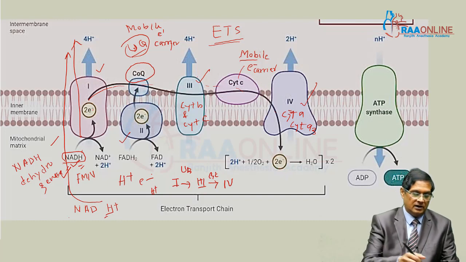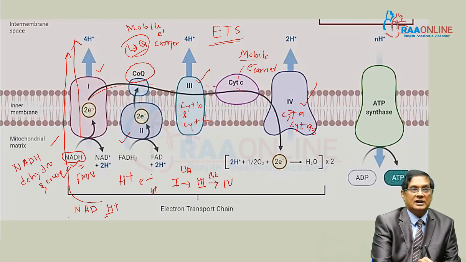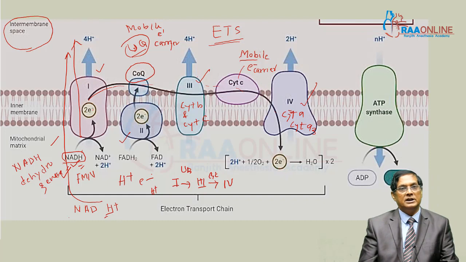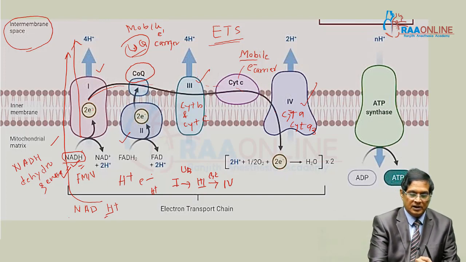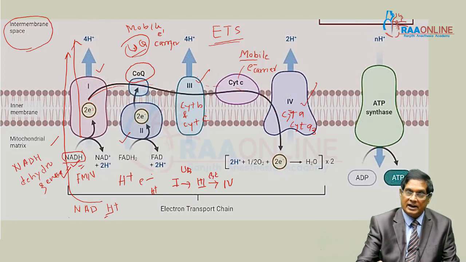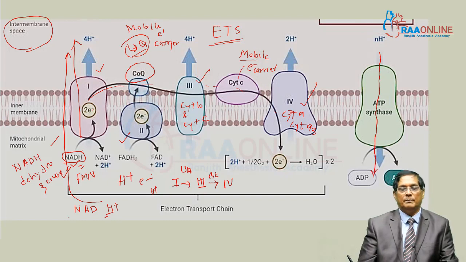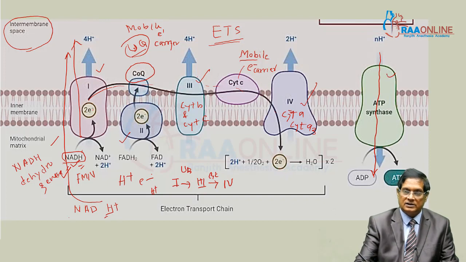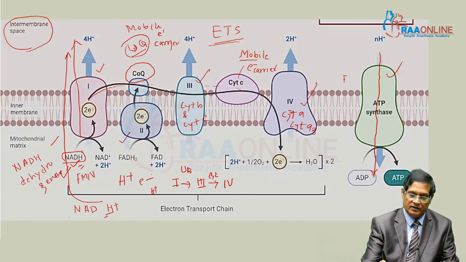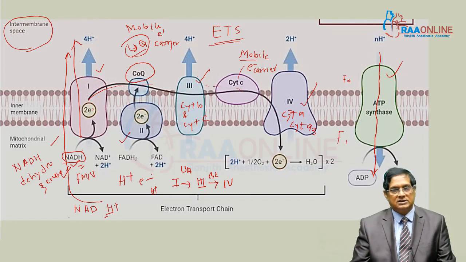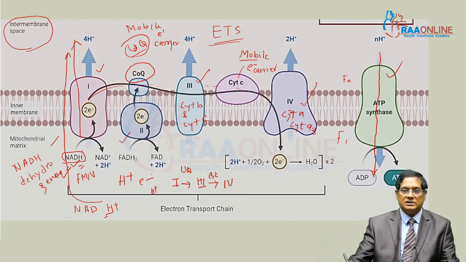Meanwhile, see this one. Protons are collected in the intermembrane space every time NADH plus H releases its protons. These protons collected in the intermembrane space are transferred back to the matrix of mitochondria via this F0 F1 part, which contains the ATP synthetase enzyme.